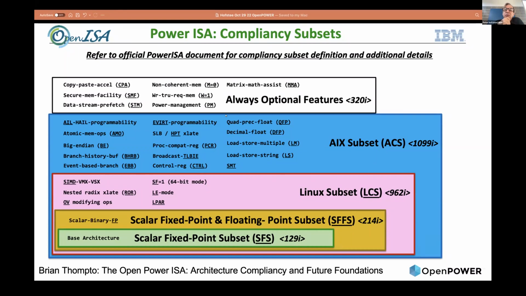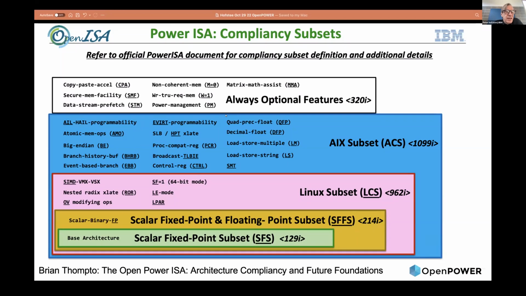It requires support for 64-bit mode, also little endian, right? The architecture itself for Power is bi-endian. We support both little endian and big endian implementations, but Linux has really made the switch over to little endian some years ago. So that is required.